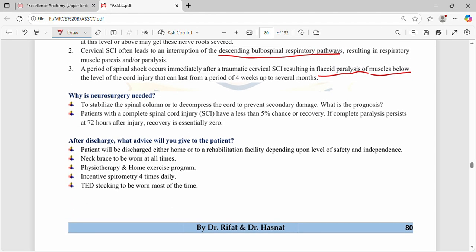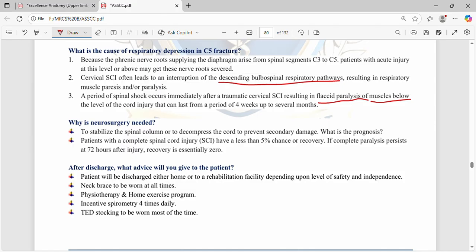Why is new research needed? To stabilize the spinal column or to decompress the cord to prevent secondary damage. What is the prognosis? Patients with a complete spinal cord injury have less than a 5% chance of recovery. If complete paralysis persists at 72 hours after injury, recovery is essentially zero. After discharge, what advice will you give to the patient?